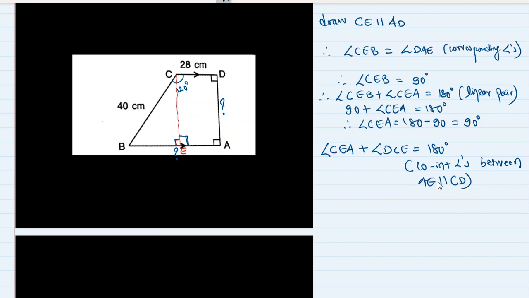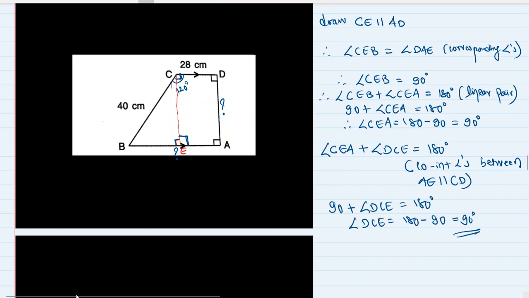AE and CD are parallel because it's given. So the co-interior angles will be supplementary. So CEA is 90 plus angle DCE is 180, and angle DCE becomes 180 minus 90, which is 90 degrees. So angle DCE is 90 degrees. We have proved it.